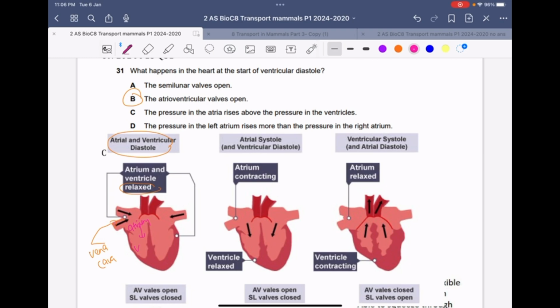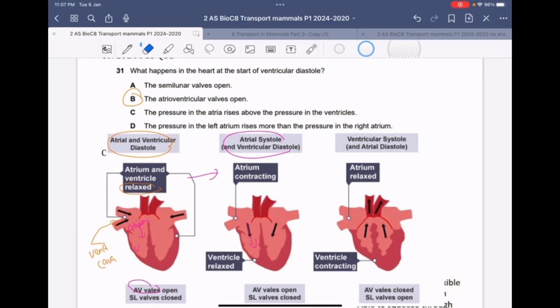This will be in the atrial systole stage. In atrial systole, the atrium contracts and pushes the blood to the ventricles, because the ventricle is relaxed. So at atrial and ventricular diastole, both atrium and ventricle relax, which causes the AV valve to open, because they just want to receive the blood.